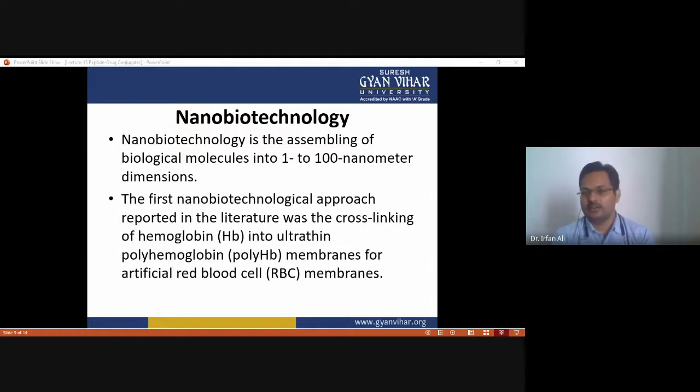Even a nano-dimensional artificial cell can be formed with a nano-dimension biodegradable polymer membrane, which can be used as an artificial cell that has hemoglobin and RBC enzymes. So these are the various substitutes which could be used as a hemoglobin or blood substitute.